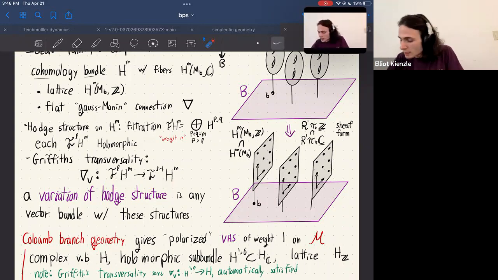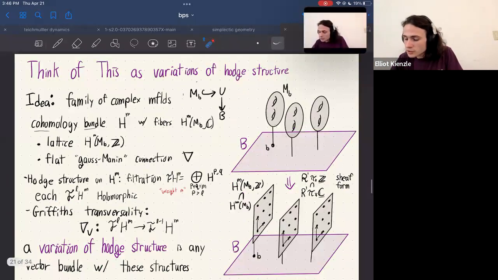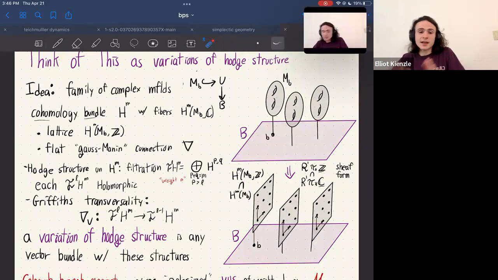And the idea is a variation of Hodge structure is something which does all of this stuff, but it doesn't have to be cohomology. It's just the abstract vector bundle that has all of these nice properties. It has a flat connection. It has a lattice preserved by that connection. It has filtrations, which are holomorphic subbundles, and it has this transversality property.